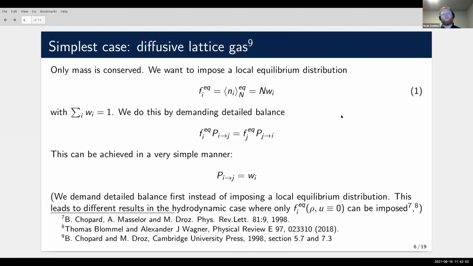This is not super relevant in the diffusive case, but when we get to the hydrodynamic case, we have f_i equilibrium of rho and u can be imposed versus having the Boltzmann time step. So in this diffusive case it doesn't change anything much, but in the hydrodynamic case, it changes a lot more.